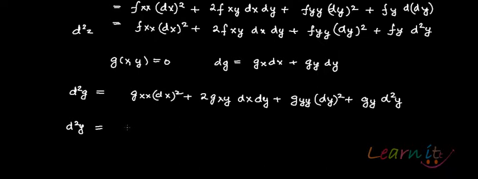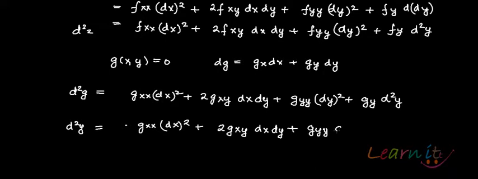So what you will have is d2y is equal to, okay, what you will have to do is basically put d2g equals to 0, and what you will have is gxx dx square plus 2gxy dx dy plus gyy dy square, with this minus sign here for everything.